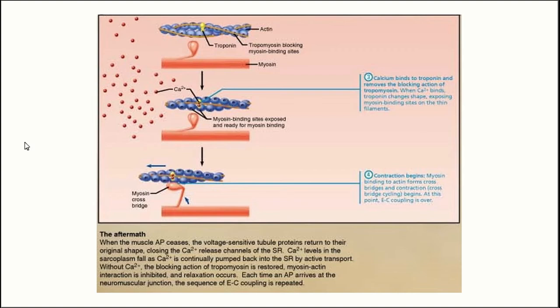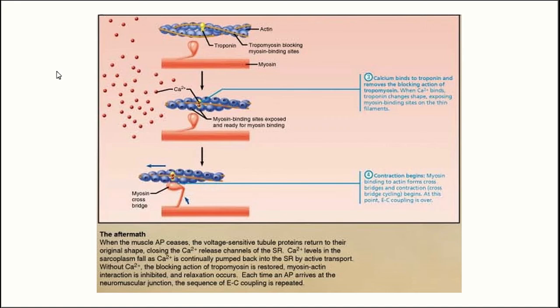When the troponin changes shape after calcium binds to it, that moves tropomyosin out of the way, because initially tropomyosin was blocking the site on actin where myosin would bind. So essentially, tropomyosin is shielding myosin from binding to actin.